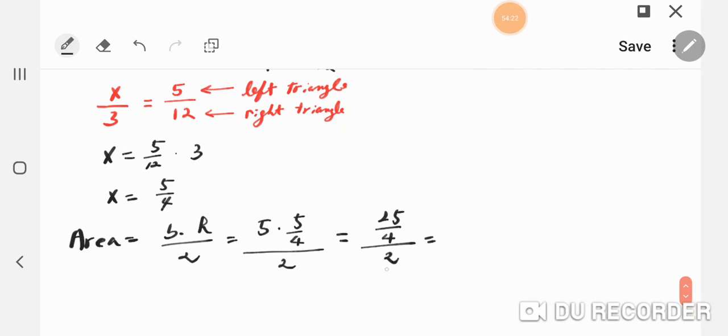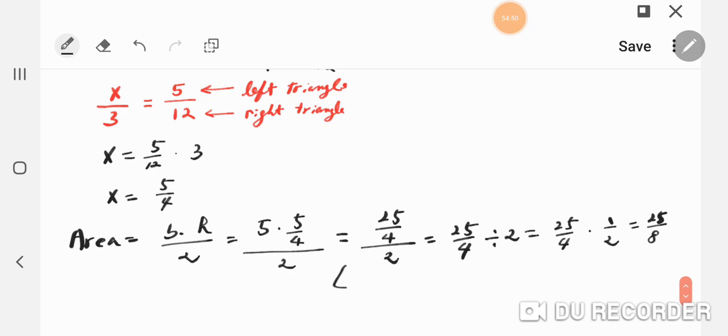Then 2 is equal to 2 over 1, isn't it? So 25 over 4 times 1 over 2. So that is equal to 25 over 8. So there will be 3 point something. So that's the area of the smaller triangle.